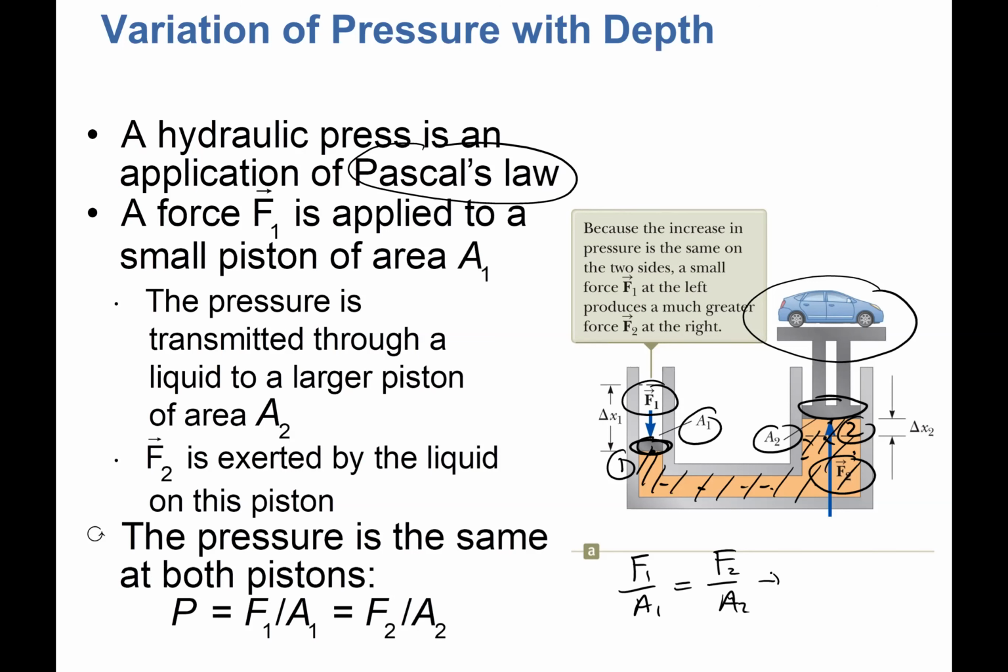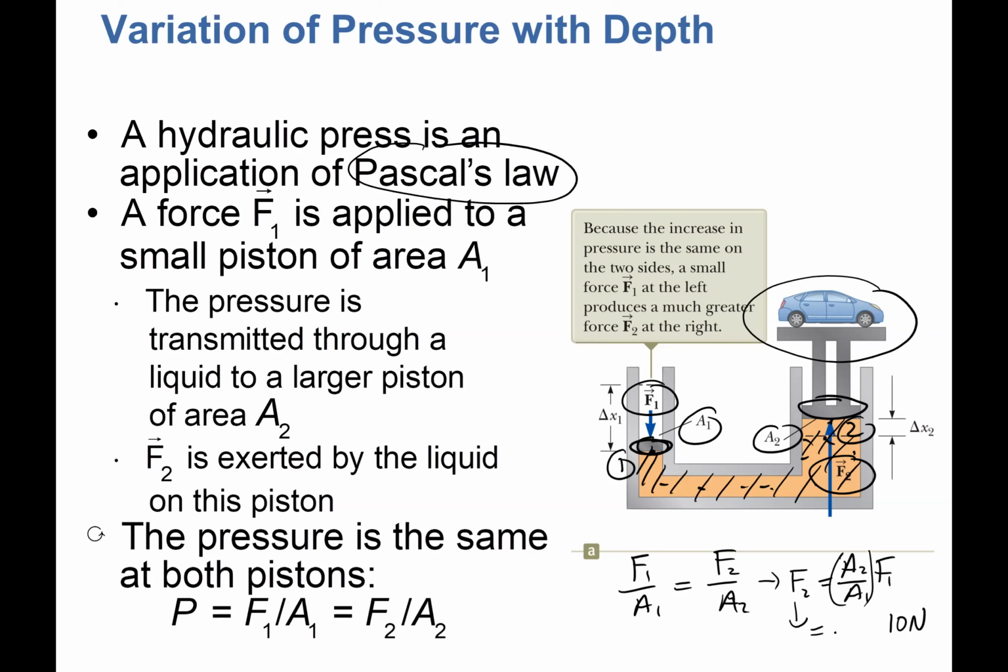That means the output force, F2, equals the ratio A2 over A1 times force 1. For example, if you apply 10 newtons of force, how much your output force will be depends on the ratio of the areas.